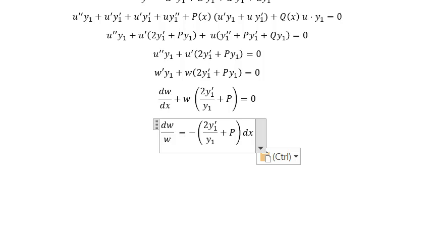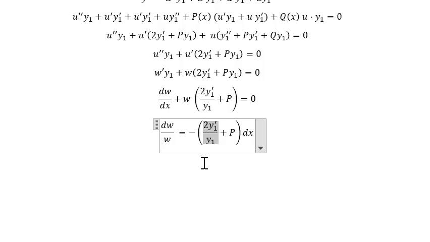So now we're going to integrate both sides, and the left hand side is pretty clear, that's the ln of w. The right hand side has two terms, the integral of p, which I don't think you can simplify, but let's focus on the integral of this. If we do a u substitution, if we let u equal to y1, then the derivative of that is y prime 1, and that would cancel.